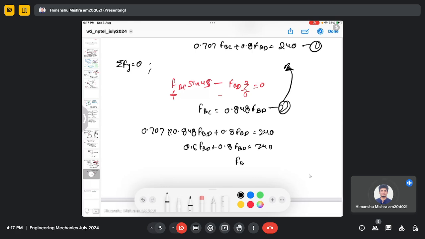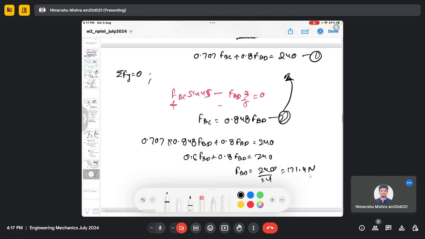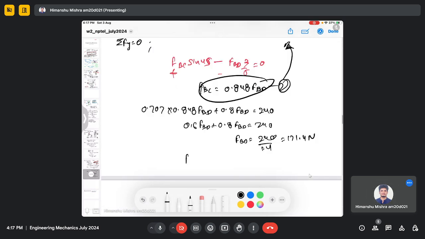So FBD will be 240 by 1.4, which is 171.4 Newton. So now you can use equation 2 to calculate force BC, which is 0.848 multiplied by 171.4 Newton. So we will get here this 145 Newton.